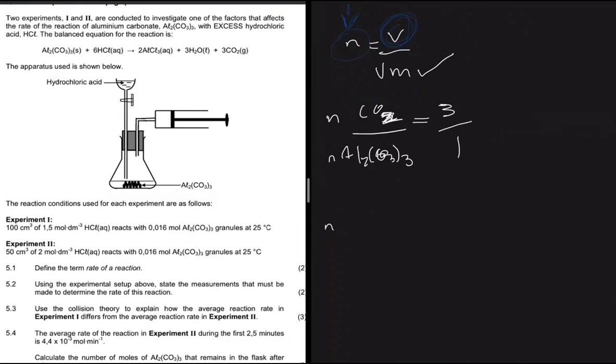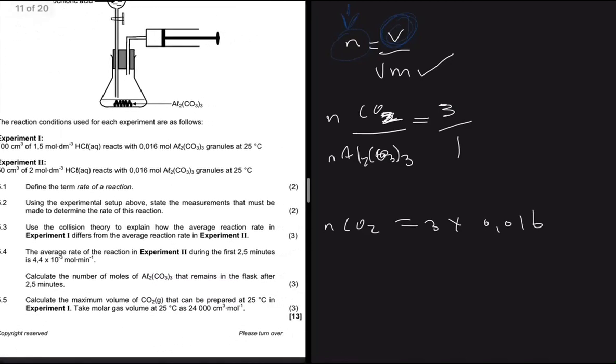So we're going to get the number of moles of CO2 equals 3 multiplied by the number of moles of aluminum carbonate, that is 0.016, because the number of moles of aluminum carbonate is 0.016, and the HCl is in excess.